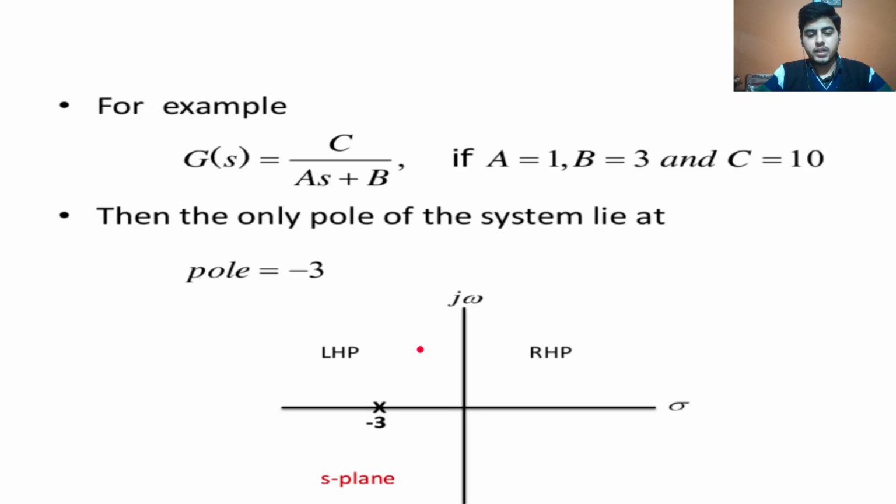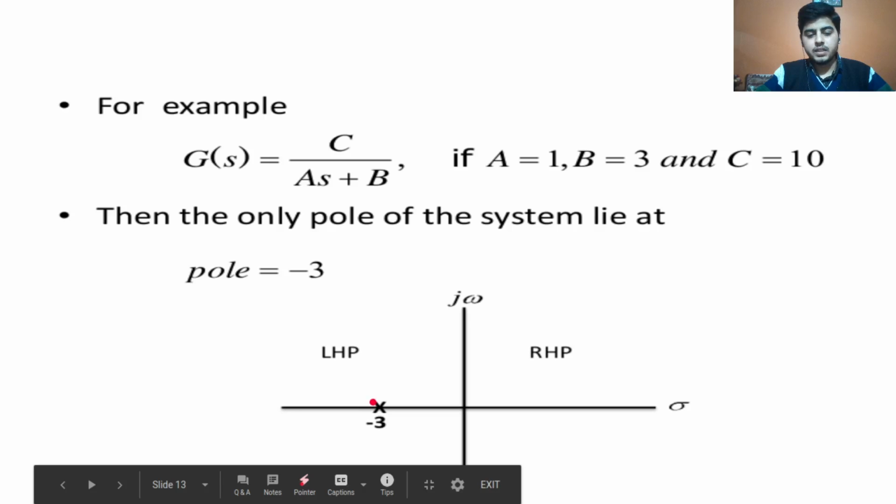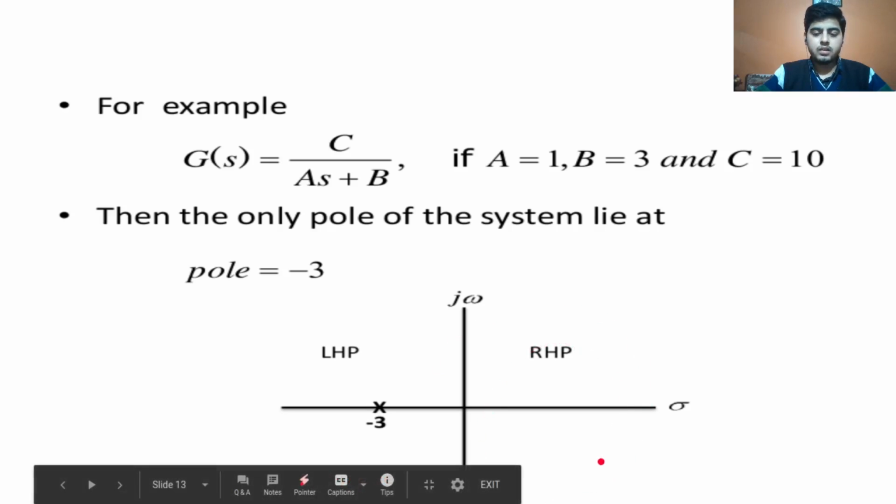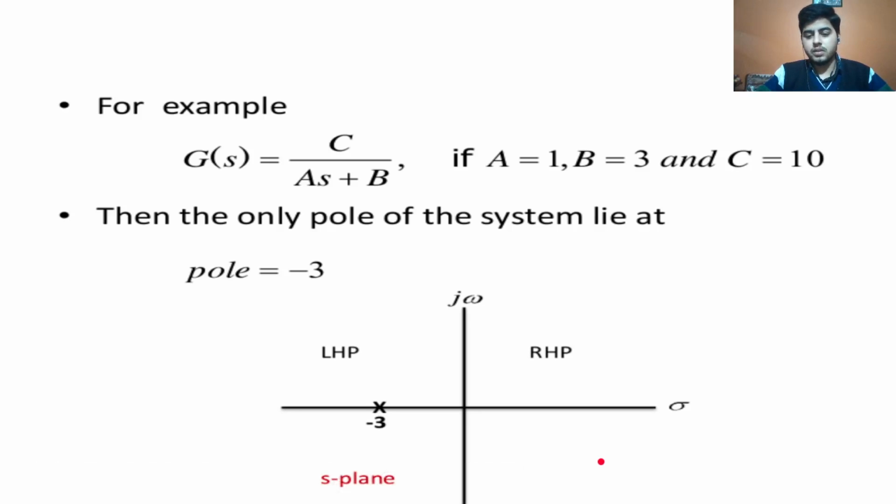And if we locate this pole on our graph, we will find that it lies here in the left half plane. It means that our system is stable. Had this pole lain in the right half plane, our system would have been unstable.